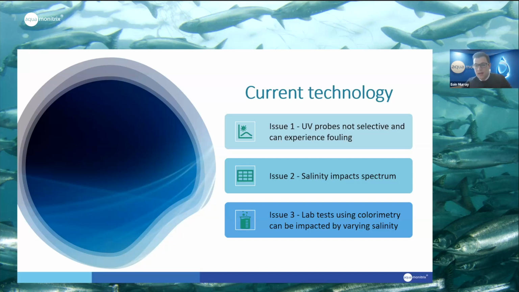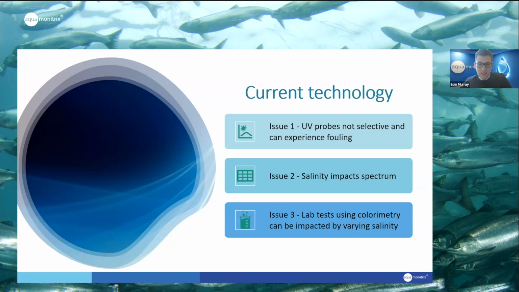But UV probes have big challenges, especially when considering RAS monitoring. The key issue is around selectivity. There's no selectivity for nitrite and nitrate, but there are also challenges around interferences such as dissolved organic matter and so on. In addition, fouling is also a big challenge when considering these probes in situ.